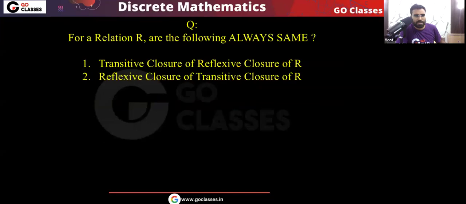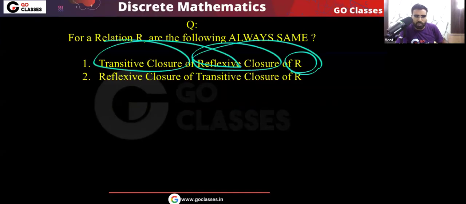Okay, very simple. Now let me ask you a question. Can I say transitive closure and reflexive closure are also commutative? Can I say that for a relation R, both of these two operations are always the same? They will always produce the same result. Means for the relation R, first you find the reflexive closure, then on top of that you find the transitive closure.